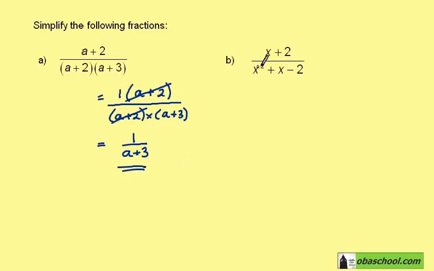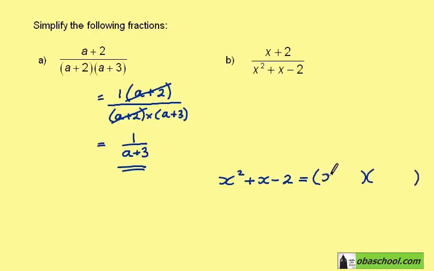Now consider x plus 2 over x squared plus x minus 2. If we factorize the quadratic on the bottom, x squared plus x minus 2, and of course you can use any method to factorize this, we'll get two brackets.